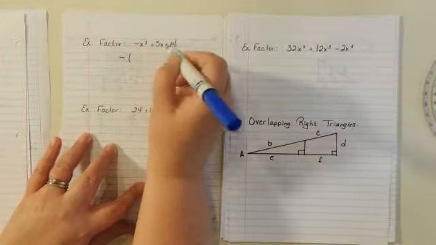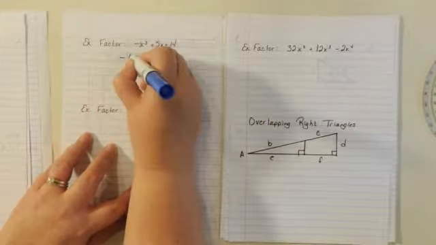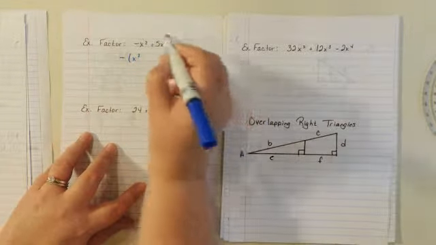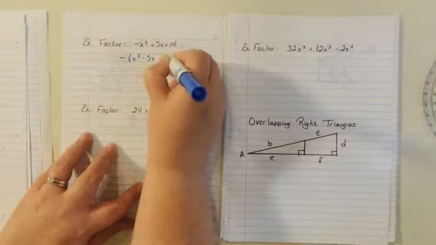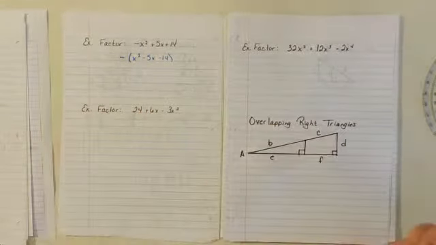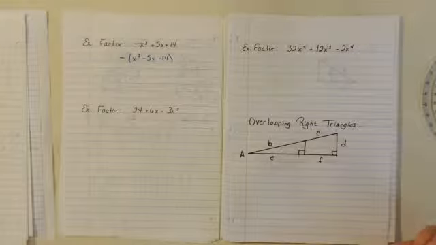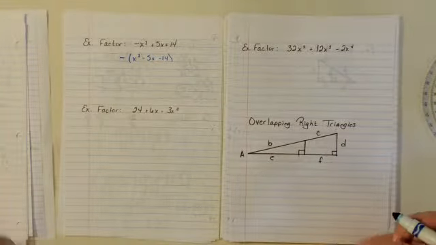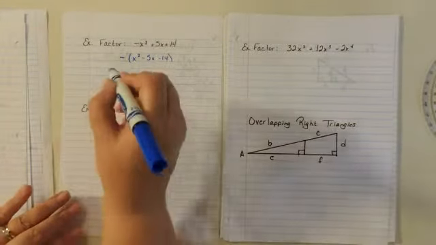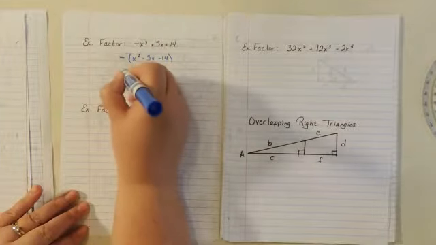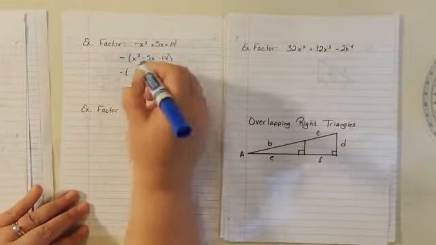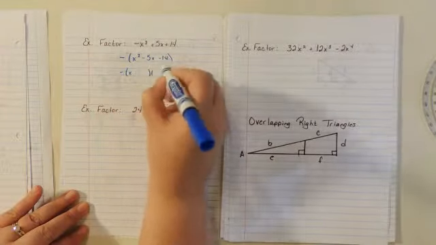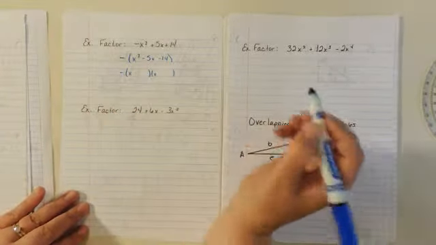So we're going to divide all of the terms by negative 1, which makes this a positive x squared minus 5x minus 14. And that will be easier to work with. Okay. When you factor this, it's going to turn into two binomials. Do not lose the negative in front. We're just going to leave that there. And we have x squared, which is going to factor into x and x.